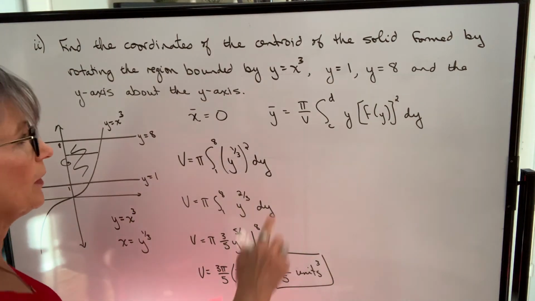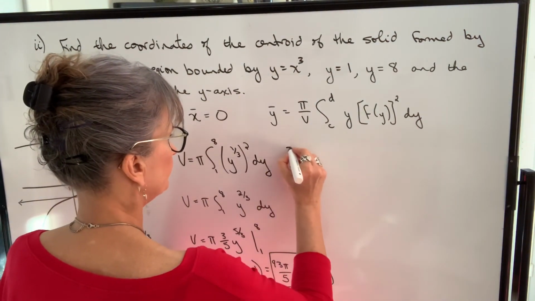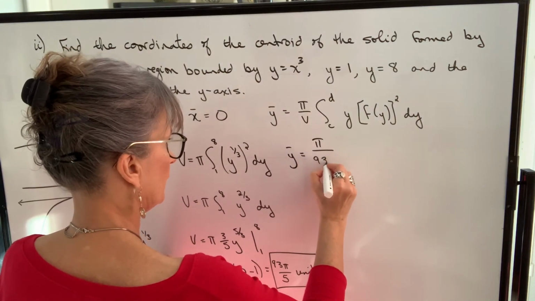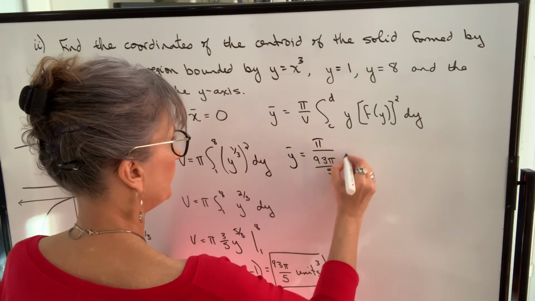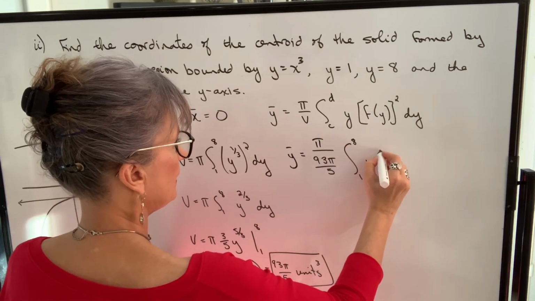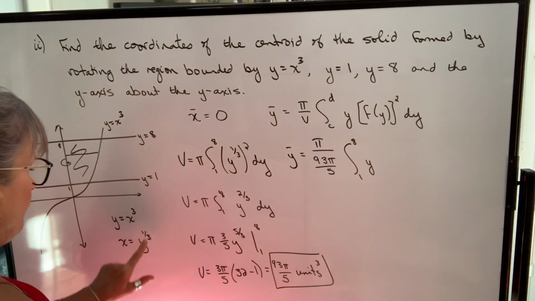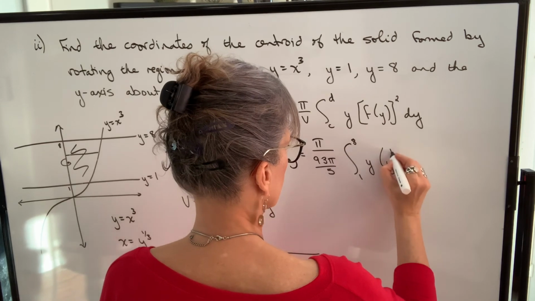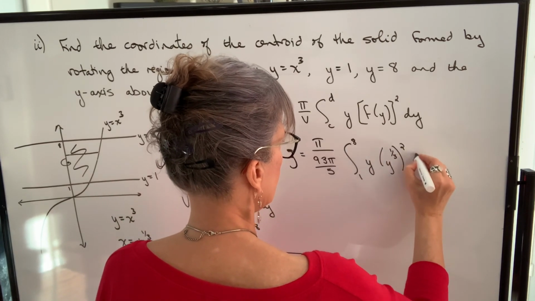Now let's find the y-coordinate. It's going to be pi divided by 93 pi over 5, times the integral from 1 to 8 of y times f of y, which is y to the 1/3, dy.